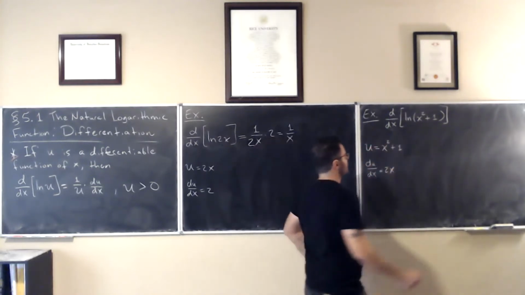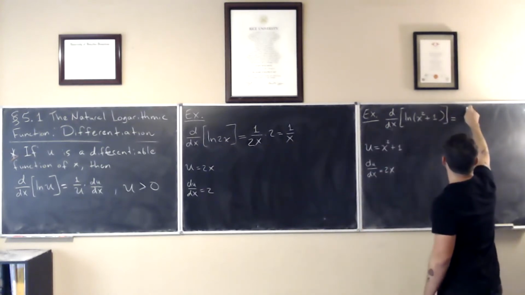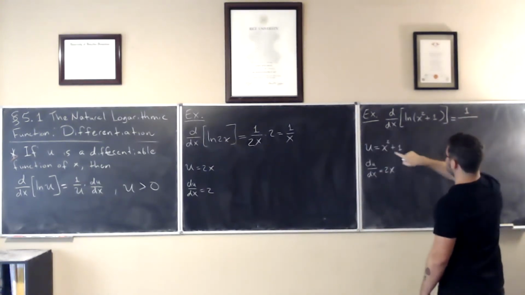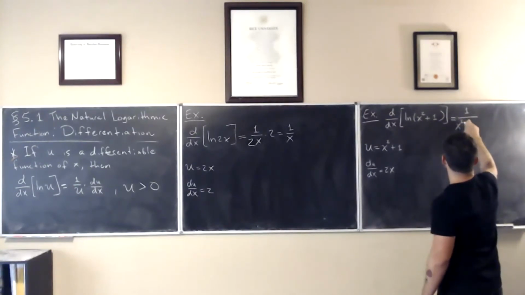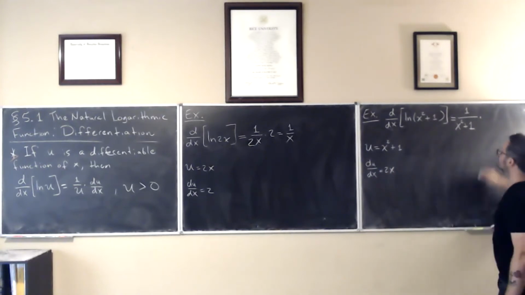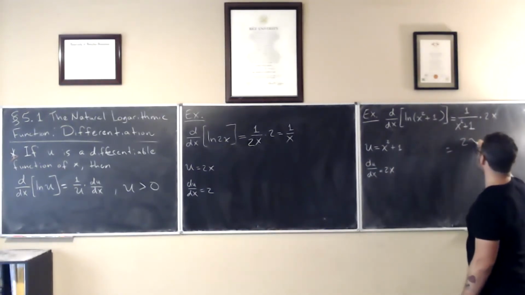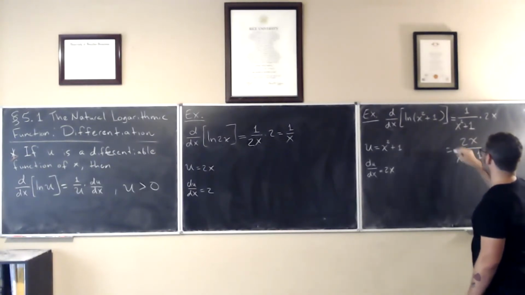So now this derivative is 1 over u times du dx. So altogether, it's going to be 2x over x squared plus 1.